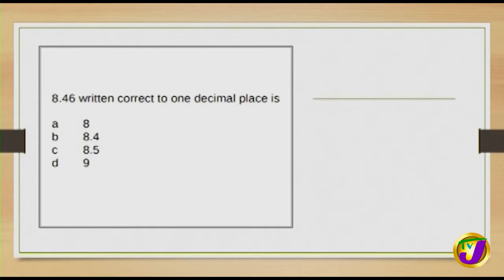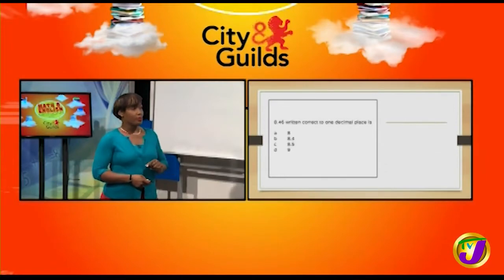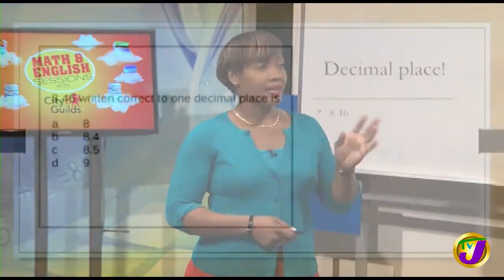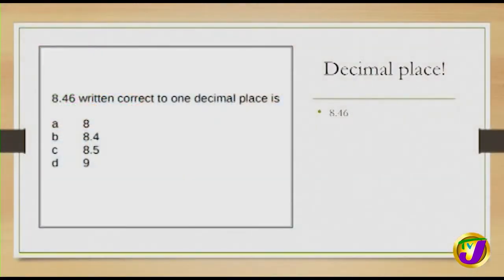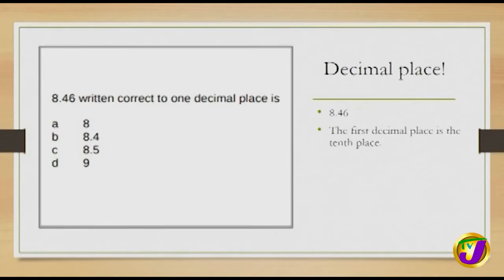Next question. 8.46 written correct to 1 decimal place is, now remember what we said. What is the 1 decimal place that we're talking about? We're talking about the number that is in the tenths place. So what digit is in the tenths place? That's the first place after the decimal, and that would be 4, right?